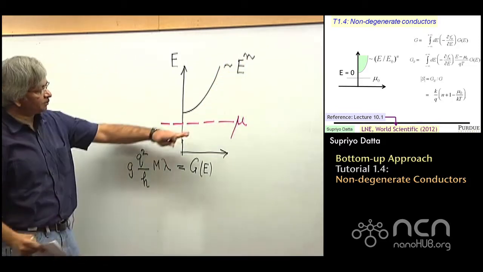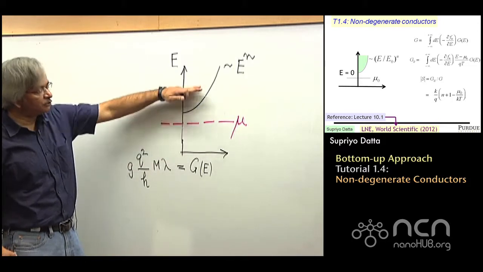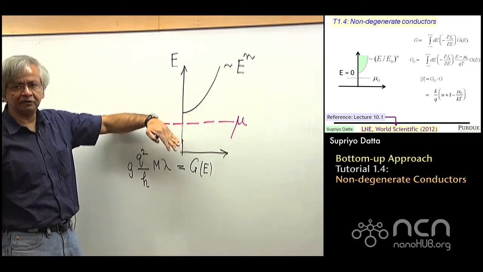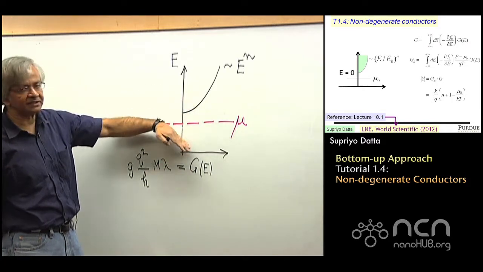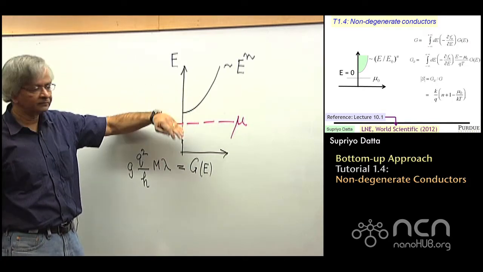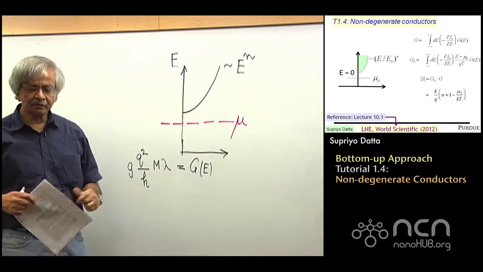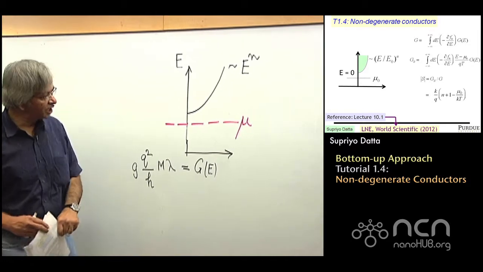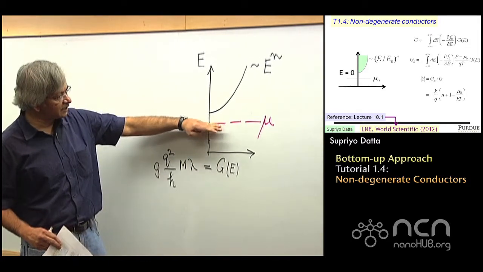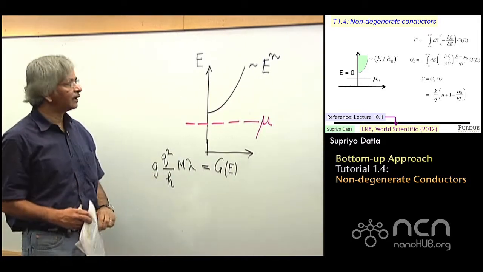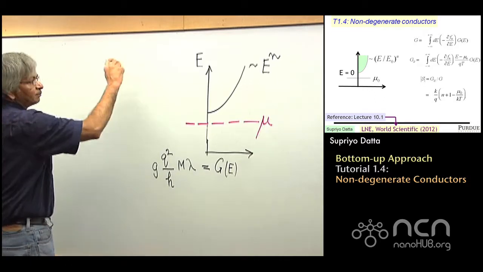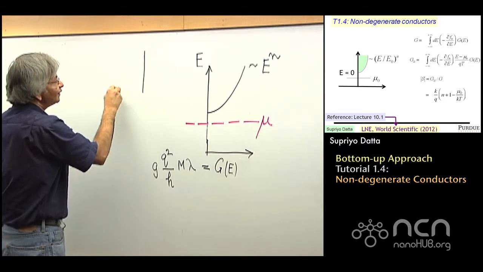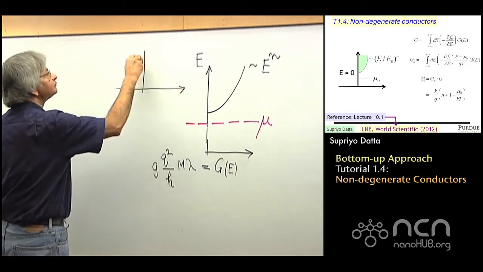And then there's a chemical potential, which you could vary depending on what the equilibrium electron density in your semiconductor is. And the question this homework problem asks you is, how does the Seebeck coefficient change as the chemical potential is varied? Let me just give you the answer before we get started working on it. It looks something like this.